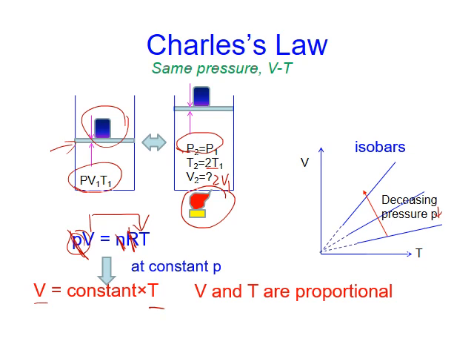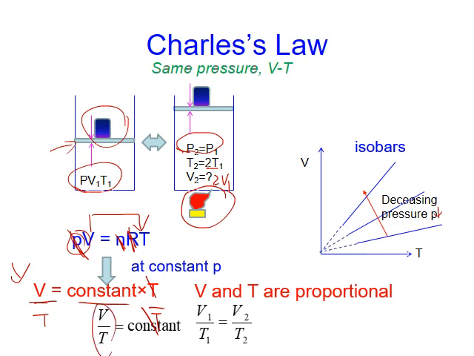Now for this equation, if we divide by temperature on both sides, we can see the constant equals volume over temperature. That means volume over temperature is a constant. So V1 over T1 equals V2 over T2. That's another way to say Charles's law.